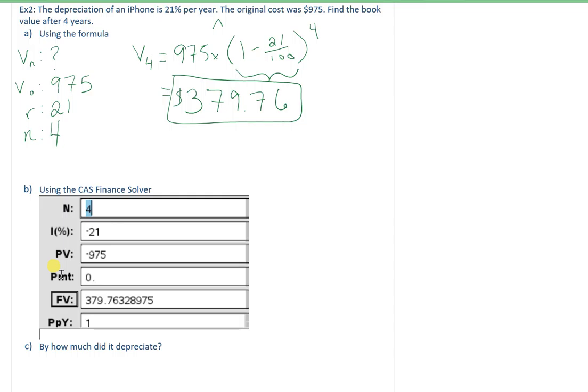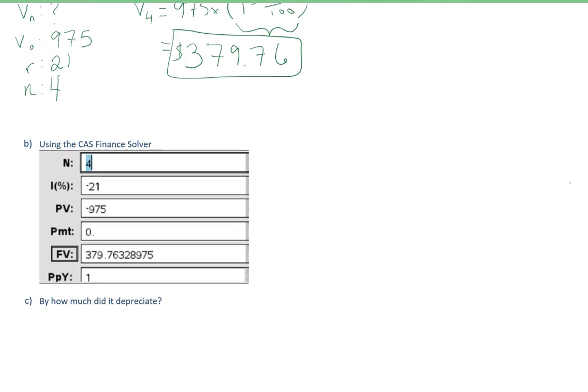We're happy with that. Now the final question is, by how much did it depreciate? Remember, depreciation is the amount that was lost. So I'm asking, how much did I lose? Well, I know how much I started with, and I know how much I ended with, so the difference is going to be the depreciation. So the depreciation is going to be V0 minus Vn.